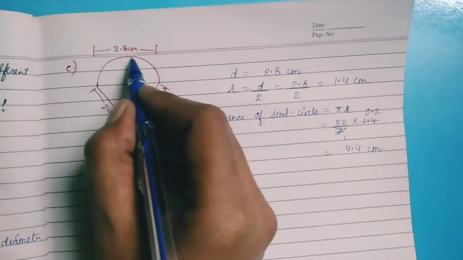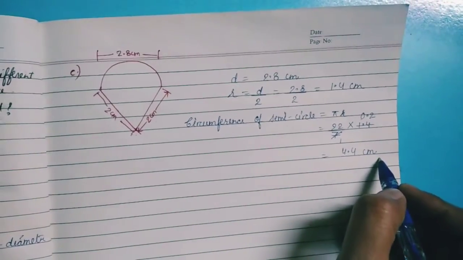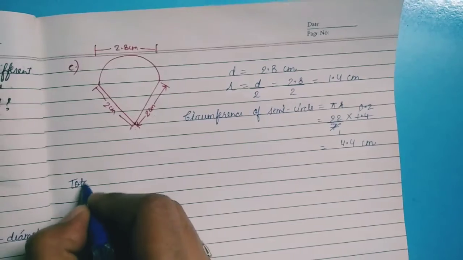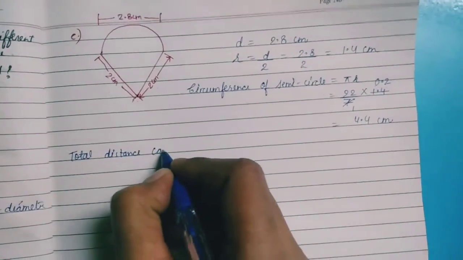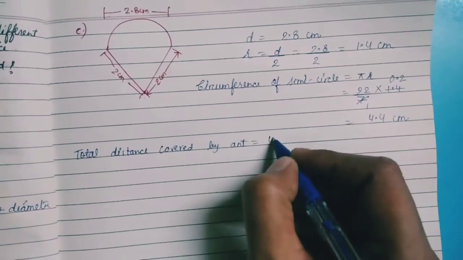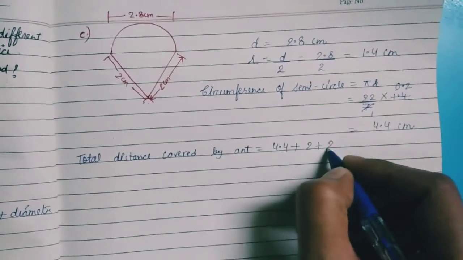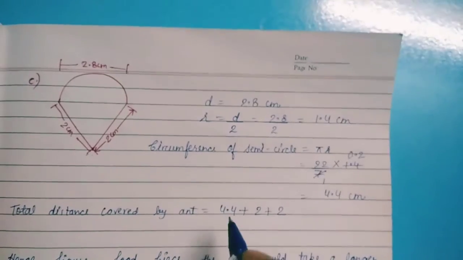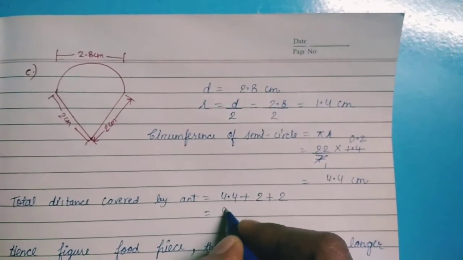So only this curved surface circumference is 4.4 centimeter. So the total distance covered by the ant is 4.4 plus 2 plus 2. So 4.4 plus 2 plus 2 will give us 8.4 centimeter.